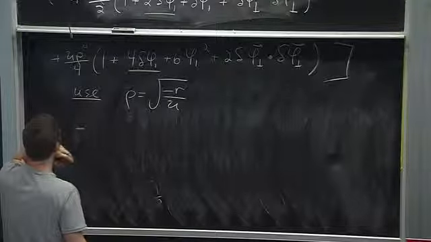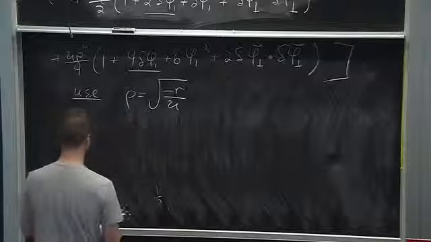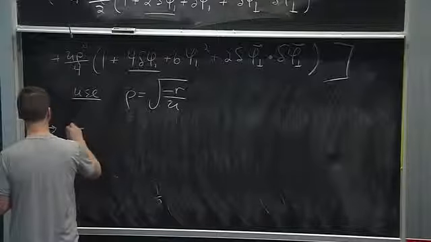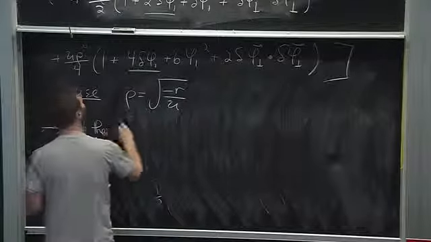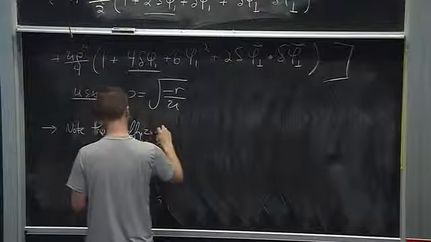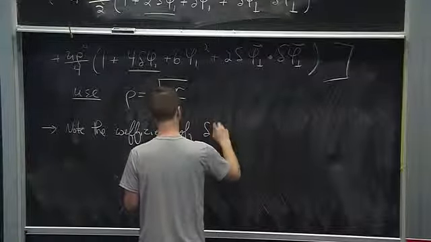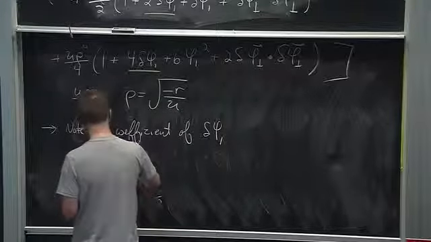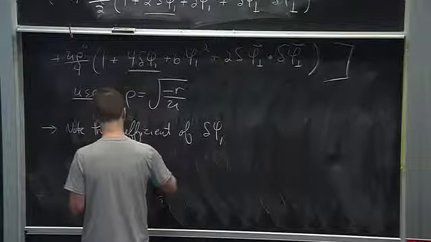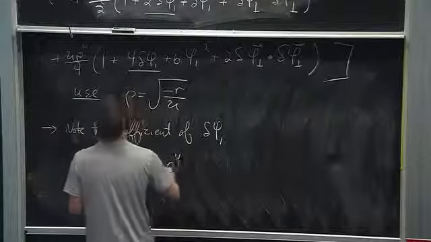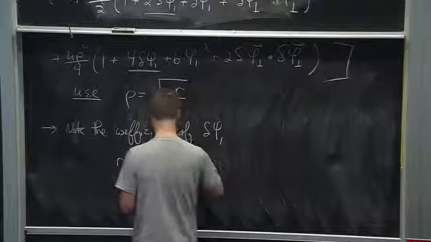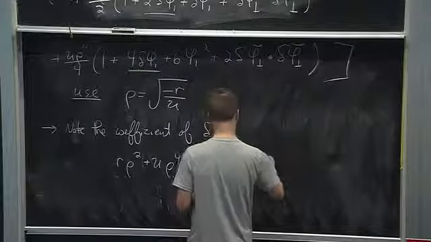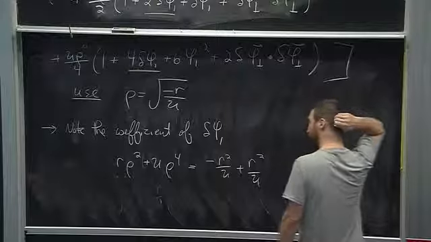So the coefficient of that term, let's see, it's R rho squared plus U rho 4. This is 2 and 4. So it's minus R squared over U. Right. Yeah, so that one cancels.